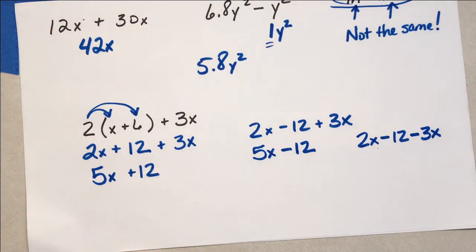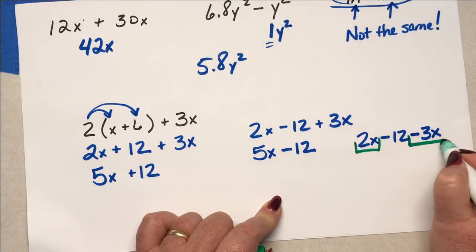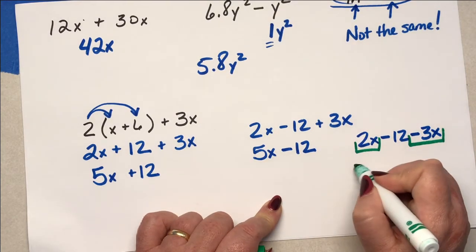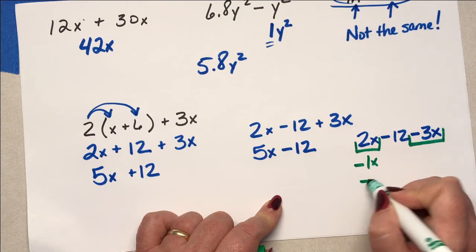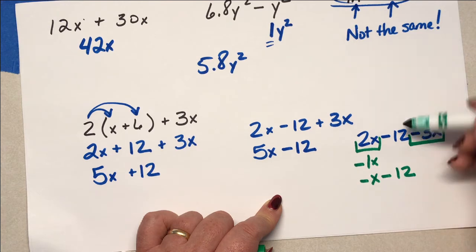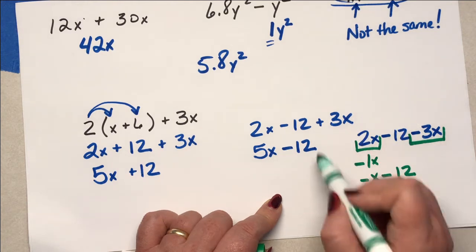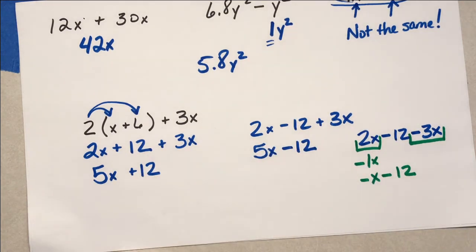Let me get a different color. The 2x and the negative 3x become negative 1x or negative x, and then you bring down your minus 12. And again, because this 12 doesn't have an x, I can't combine it. But this is combining like terms.